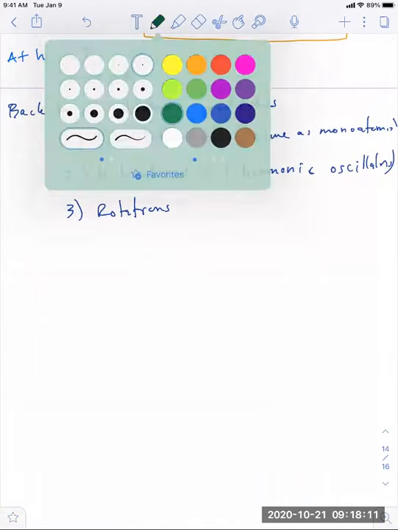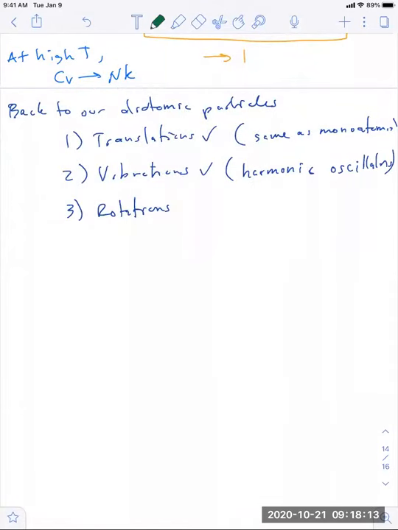So rotational degrees of freedom are not the most relevant systems for material science, so we'll kind of cut to the chase. At high temperature, the rotational partition function is just the temperature divided by the rotational temperature.